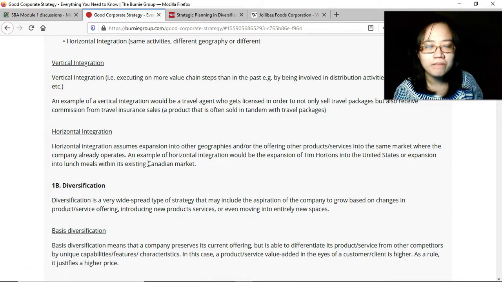So for example, the first one would be like putting up a new branch in another city or another location. And then the second type would be, let's say you're a financial institution, you have deposit products, right? Savings products, checking accounts.